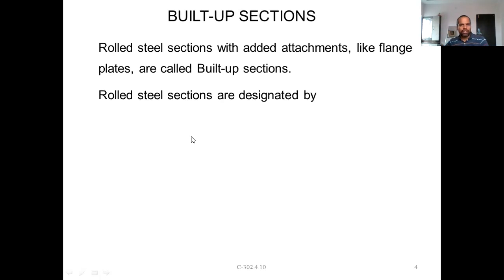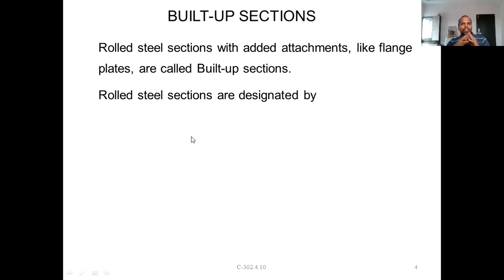In the form of some angles, or grouping two sections together, like two I sections, or two angle sections, or two channel sections, right? So all these things may be attached with some additional plates. Okay, so these are called built-up sections, right?